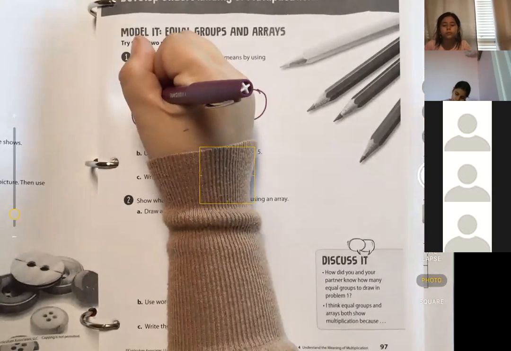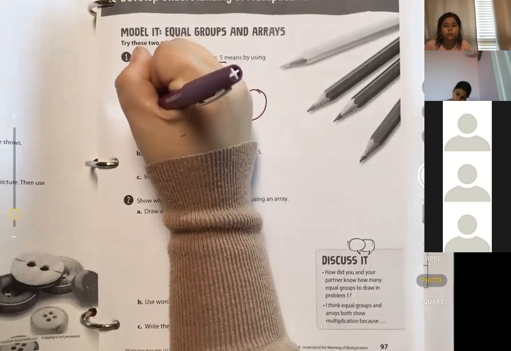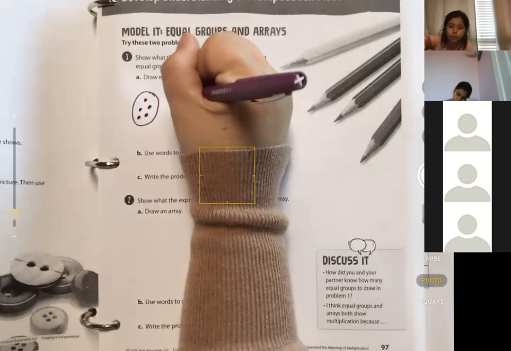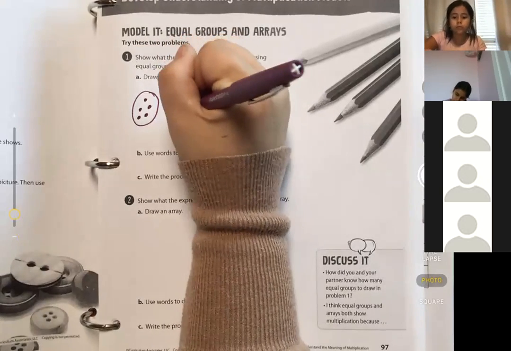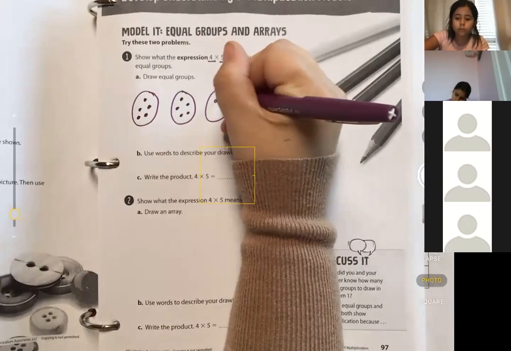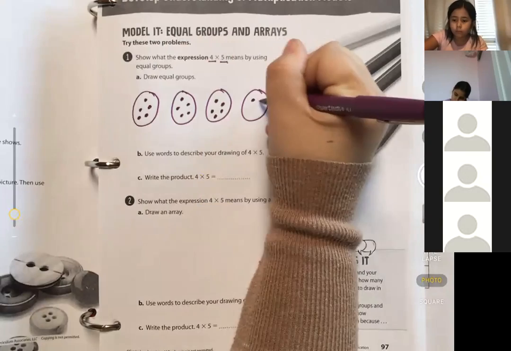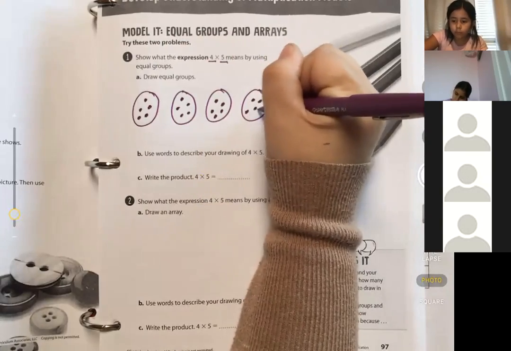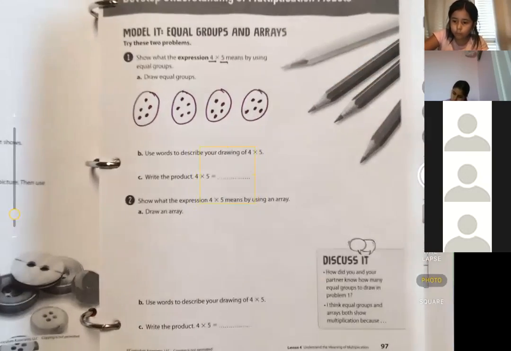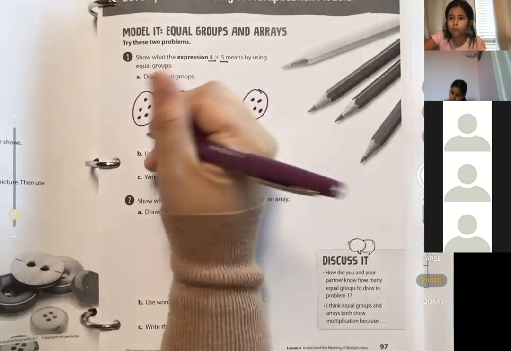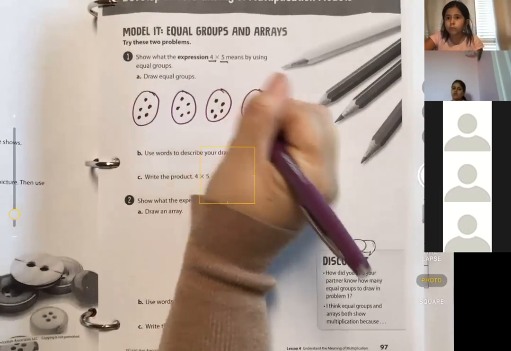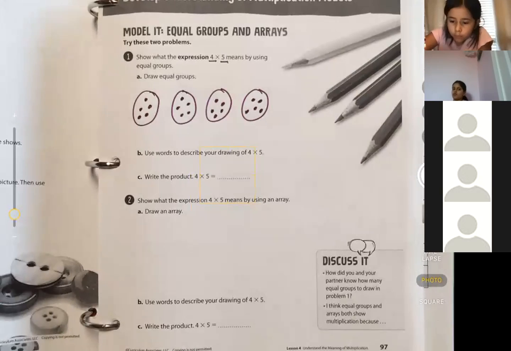So I'm going to draw dots. Okay, so I have 4 groups with 5 in each group.